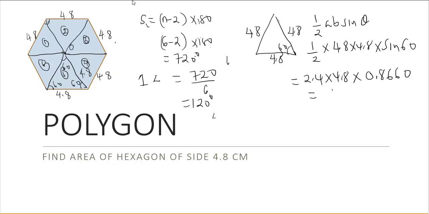This will give us approximately 9.98, which is the area of one triangle. But because we have 6 triangles in the hexagon, the area of the hexagon will be 6 multiplied by 9.98, which is equivalent to 59.88 centimeters squared.